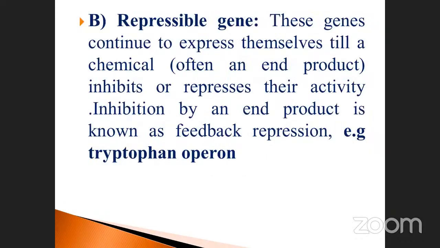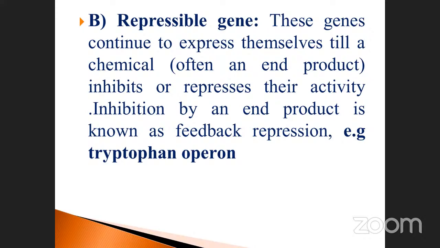This is an example. Repressible genes continue to express themselves until chemicals, often an end product, inhibit or repress their activity. That's why I told you: suppose you keep adding the inducer, the reaction will go on continuously with no end. At that time, the repressible genes are also activated simultaneously.